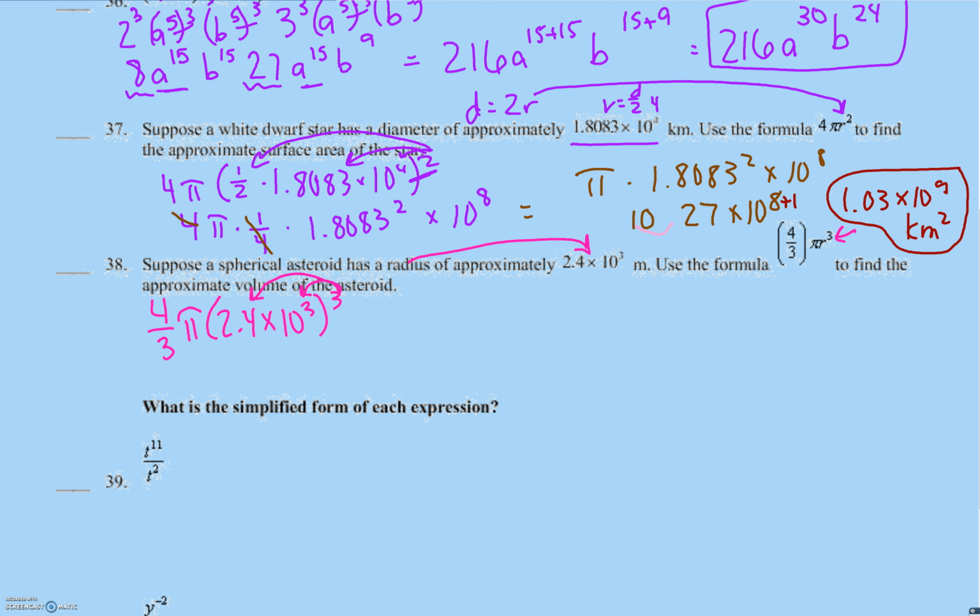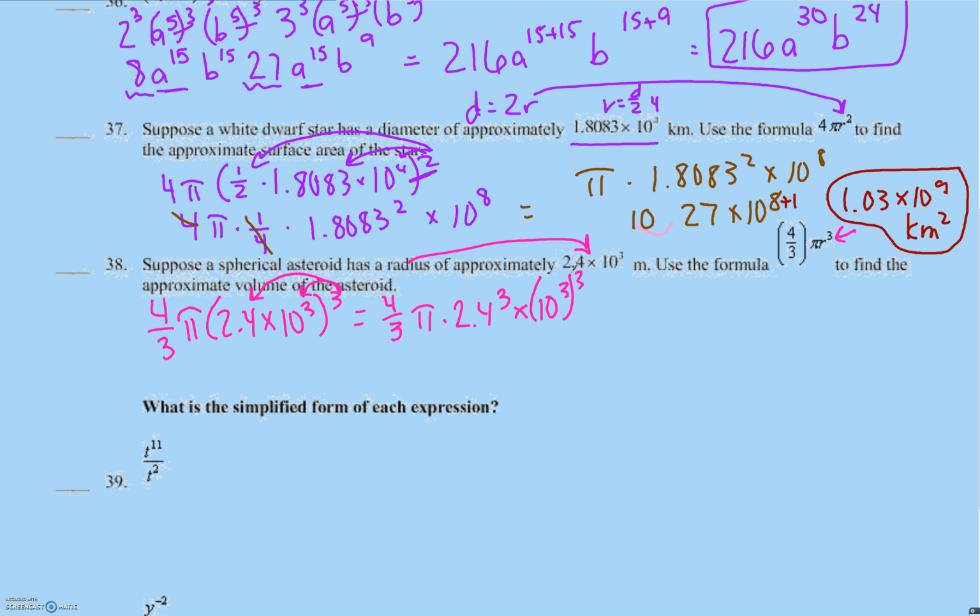When we have a product raised to a power, we take that power to both pieces, which is going to give me 4/3 pi times 2.4 cubed times 10 to the 3rd power cubed.